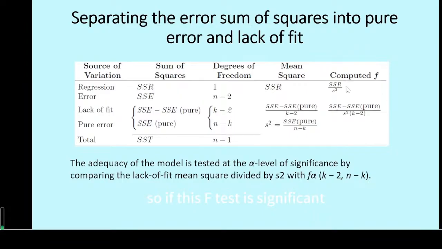If this F test is significant, then we reject the null hypothesis and this term will not be 0, which means the model does not fit well. We have omitted some important terms in the model. So if this test is significant, the model is not appropriate.